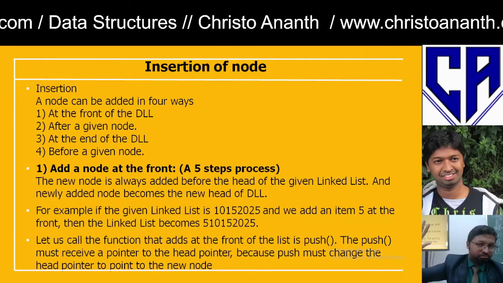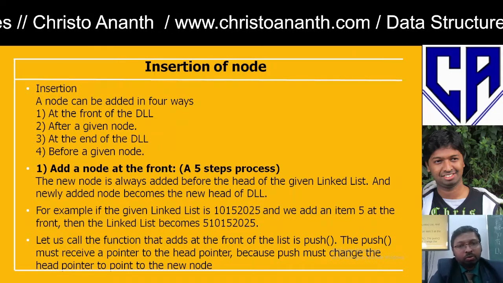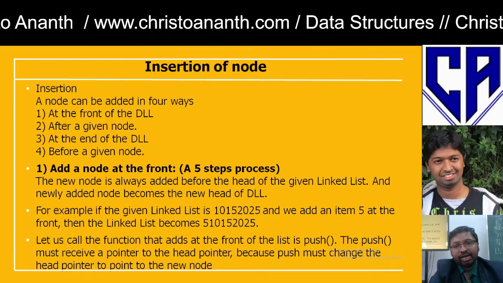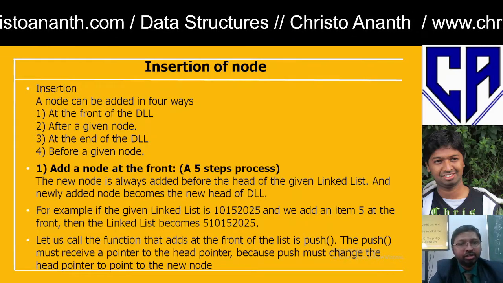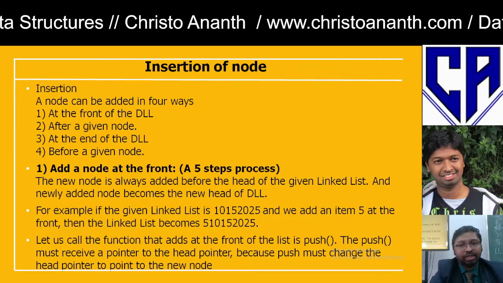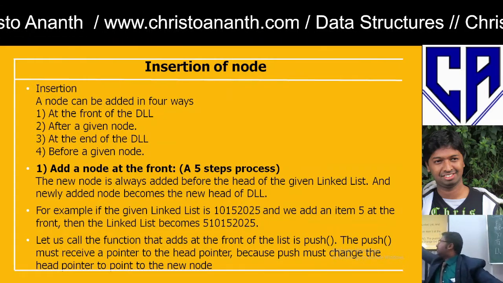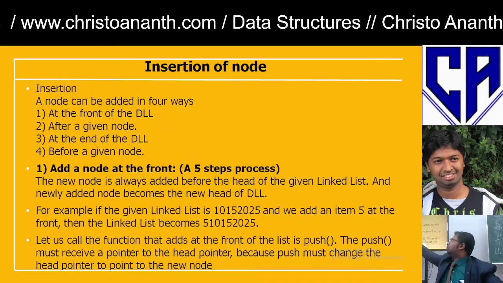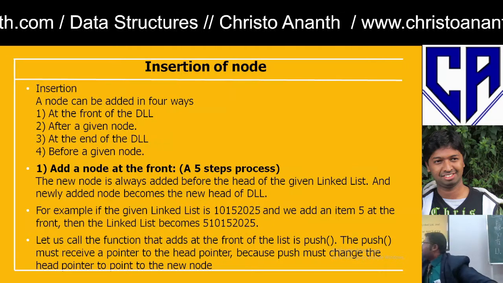Now comes a 5-step process where a new node is always added before the head of the given linked list. The newly added node becomes the new head of the doubly linked list. For example, consider 10, 15, 20, 25. Here the first one is the head.